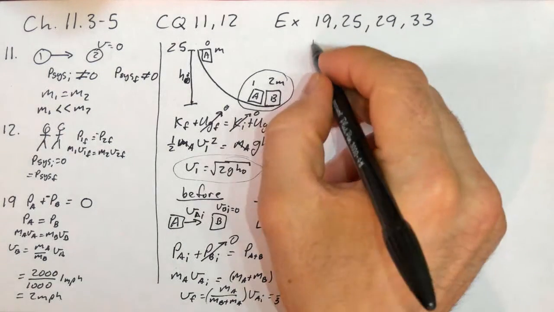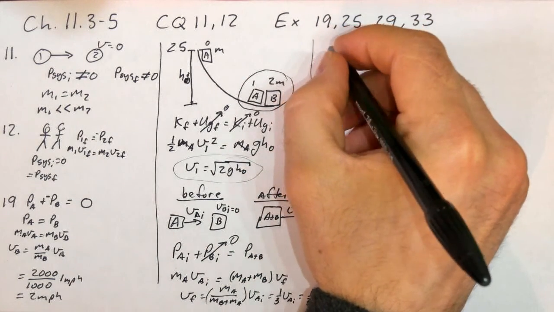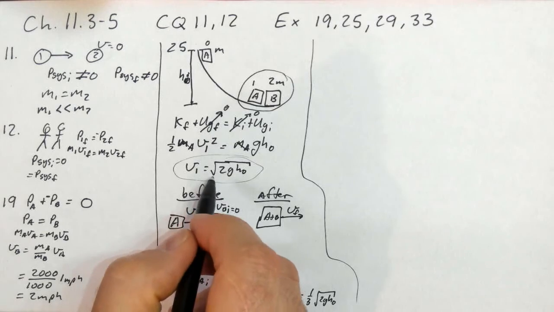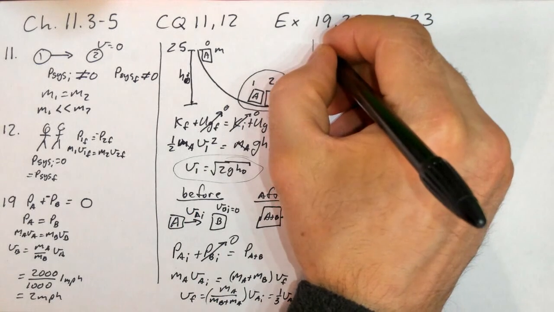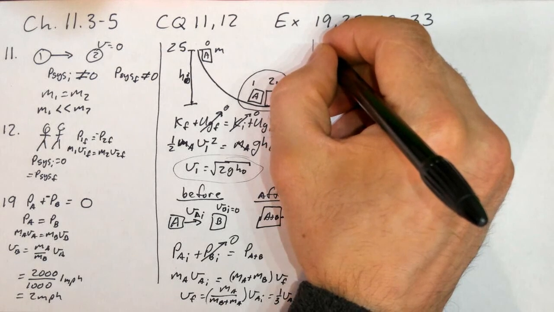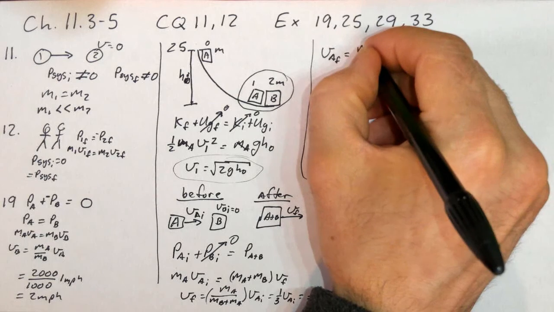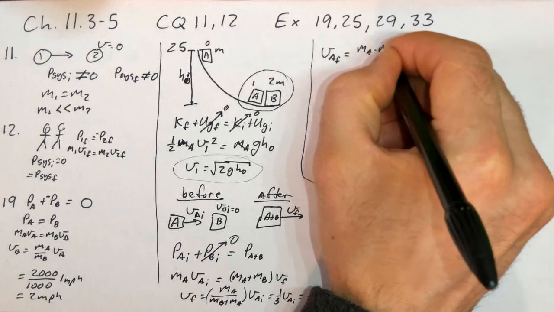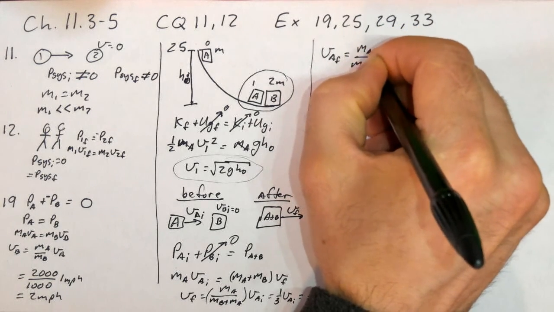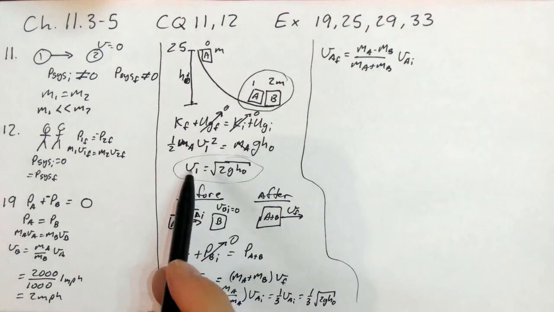Okay, so to try that, we need to do our conservation of momentum. We've already found the velocity right before, so now we need conservation of momentum. So here we're going to use those equations for perfectly elastic collisions, and I'm looking for VA final, which is going to be equal to MA minus MB over MA plus MB times VA initial.